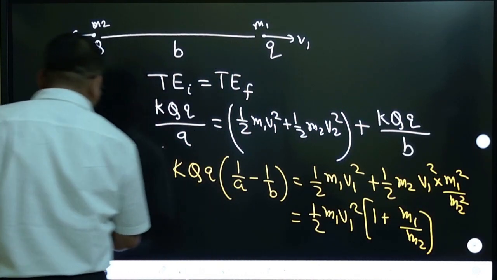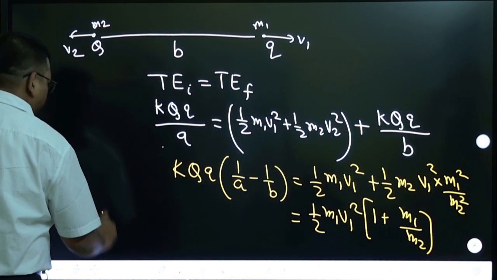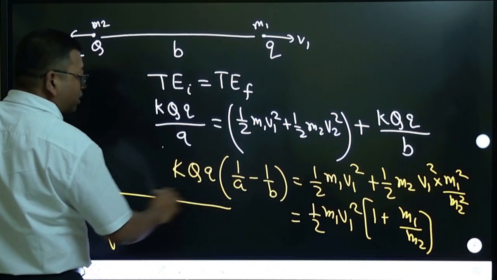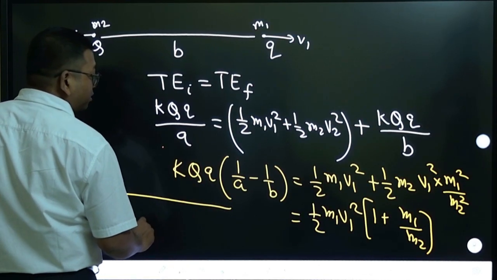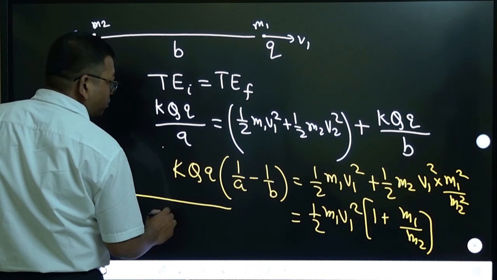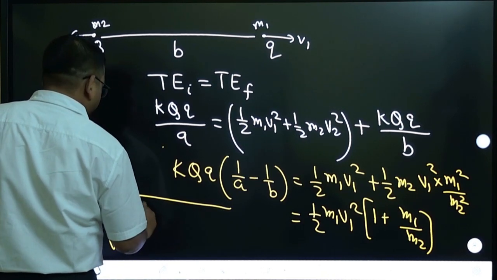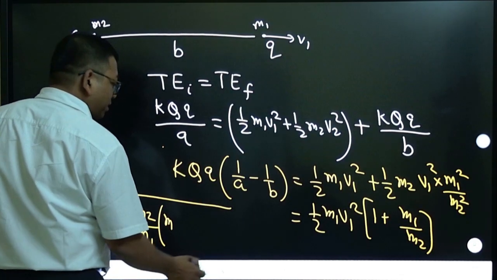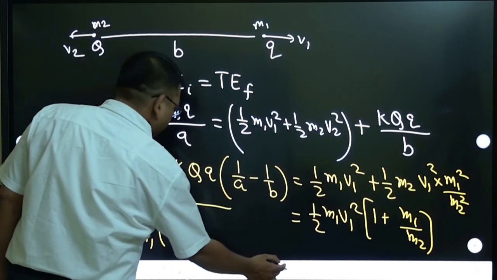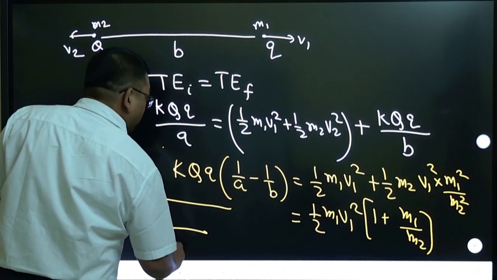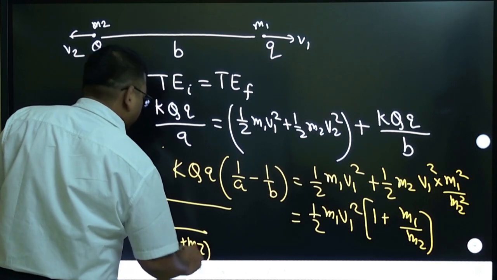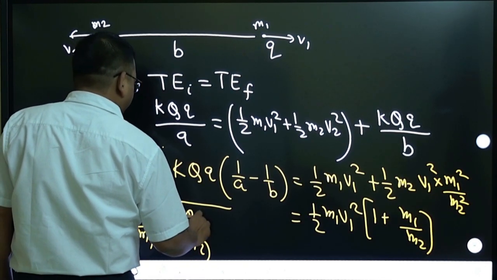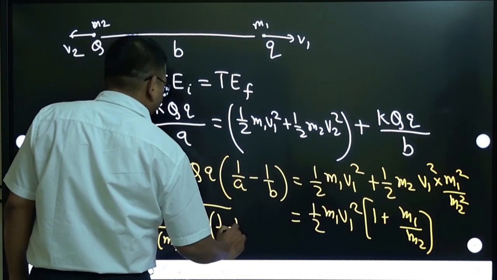So from here v1 becomes root under, this is 2 times, and you take m2 by m1 plus m2 in the denominator, and this is k q q 1 by a minus 1 by b.